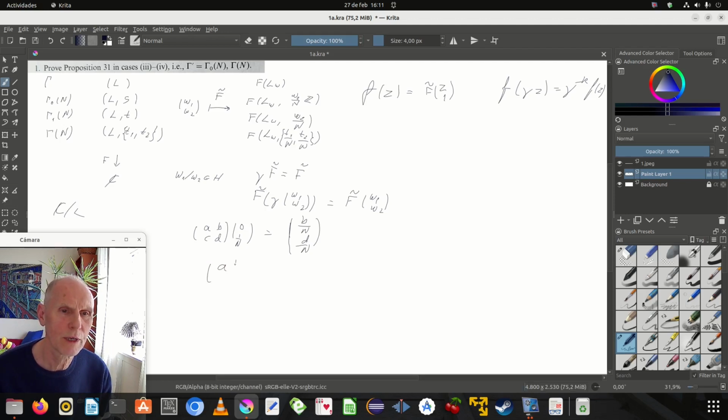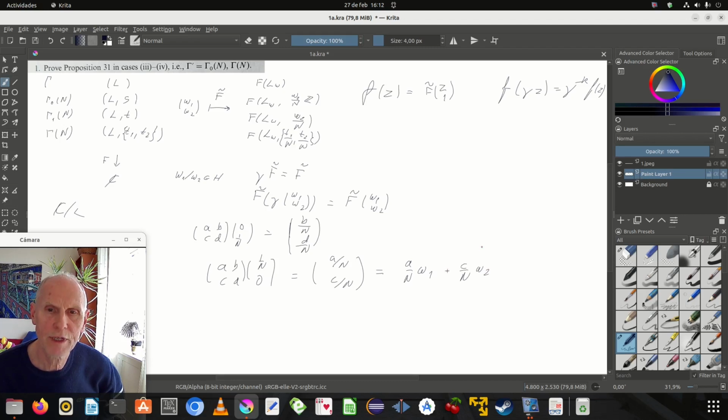Now what if we do it the other way? A divided by n, C divided by n, so when we map it into A divided by n omega 1 plus C divided by n omega 2, this already lies in the lattice because n divides C when we are in any of these.